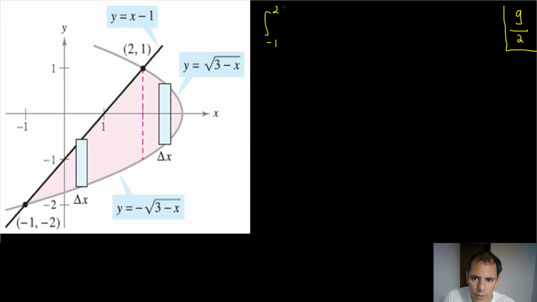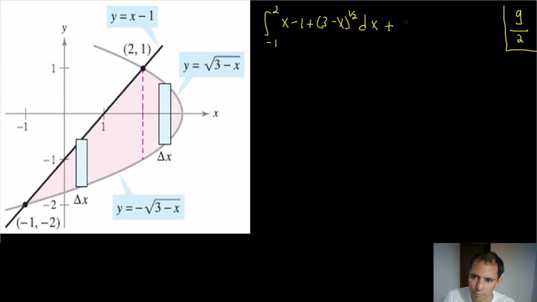Y is equal to x minus 1, so it's going to be x minus 1 minus the bottom function. And the bottom function is minus square root of 3 minus x. So minus minus plus, I'm going to put 3 minus x to the half, because it will just be easier. So I'm going to integrate that dx.